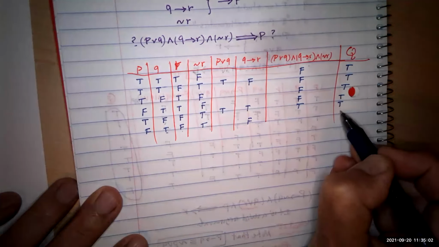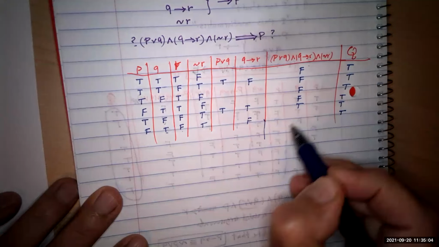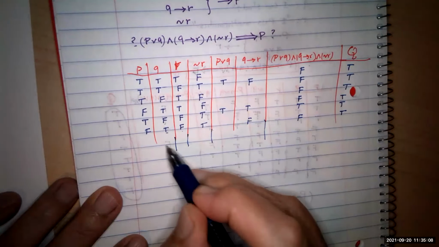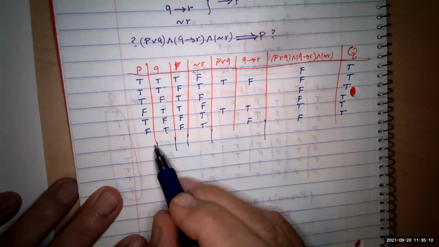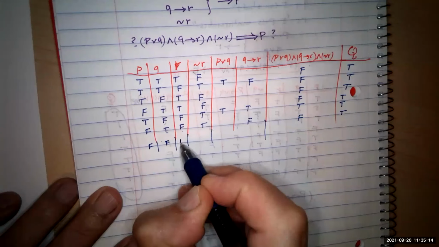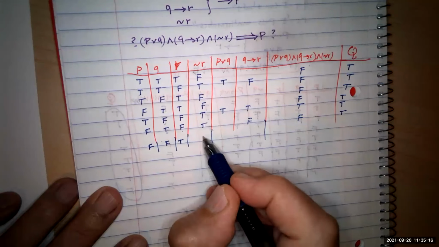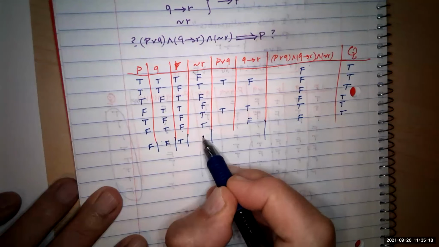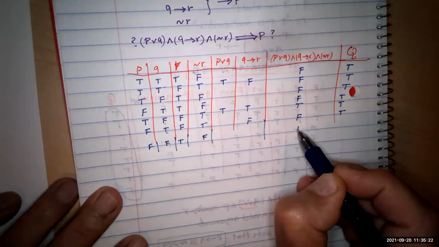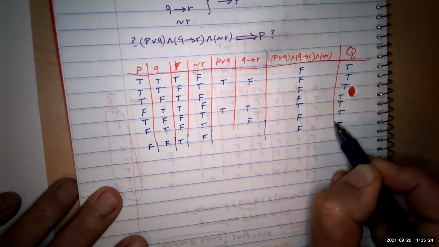So we don't have to continue, because this would be false. Okay, and what else? We got the false, false, true. So this would be false. So that makes this one into false, and that would be true.